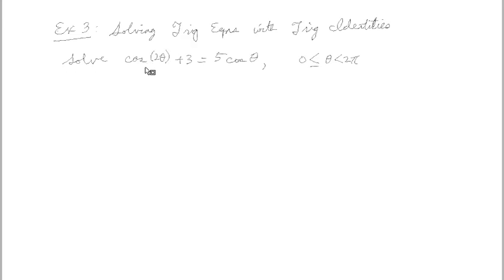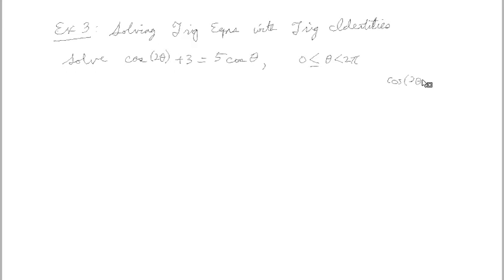If I can get this in terms of cosine squared, then I'll probably be able to solve this and create another quadratic. And this angle must be in the interval from 0 to 2 pi.